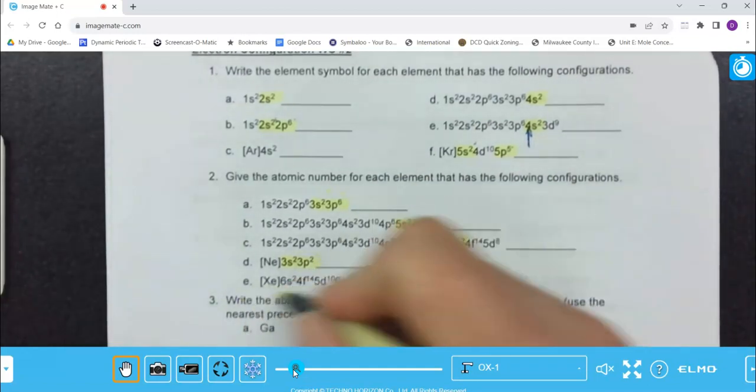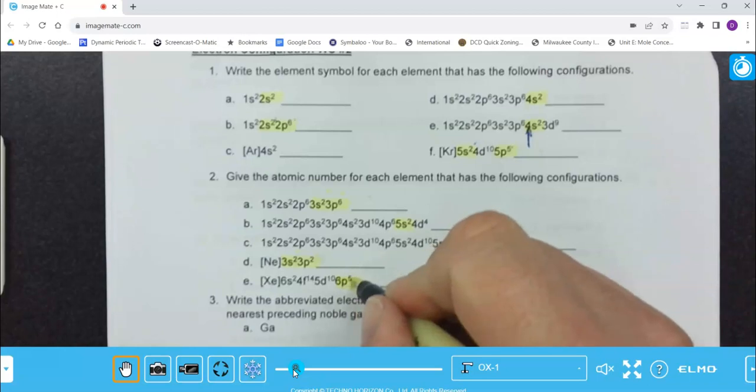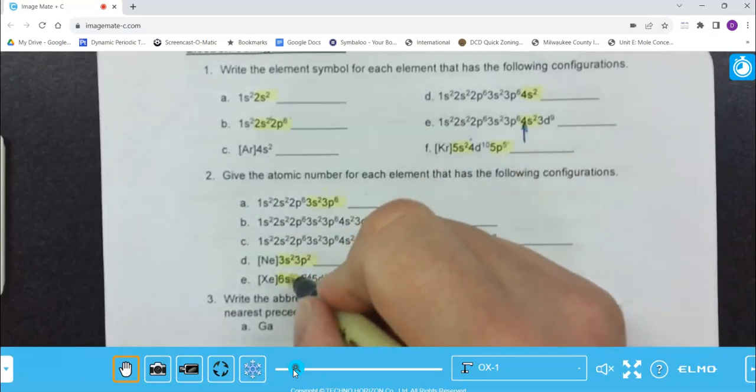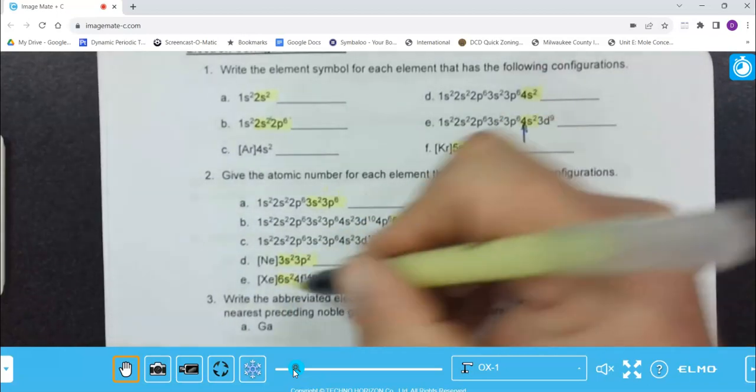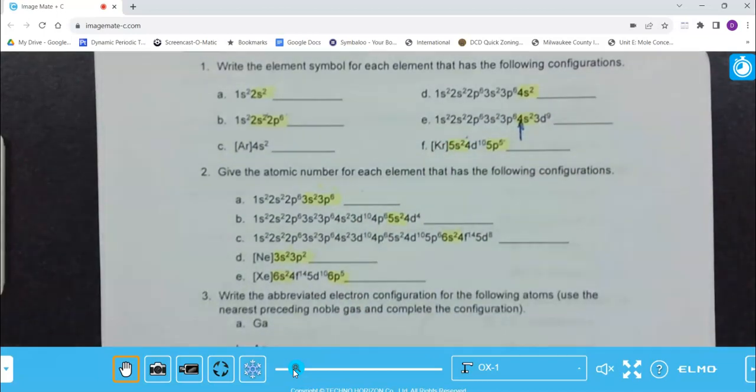Highest energy level down here is 6, but there's also a 6 over here, so that is 5, 6, 7 valence electrons. And that should be good for counting valence electrons. That's enough practice. It's not hard. You just have to find the highest energy level and count all the electrons that are in that energy level.